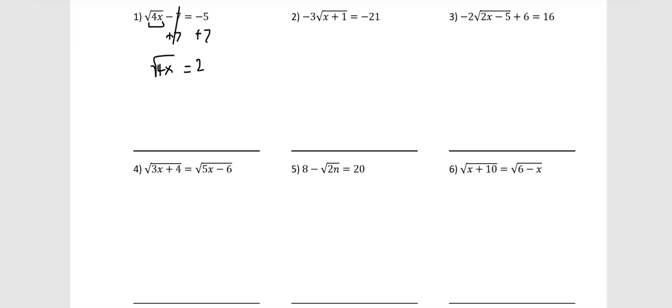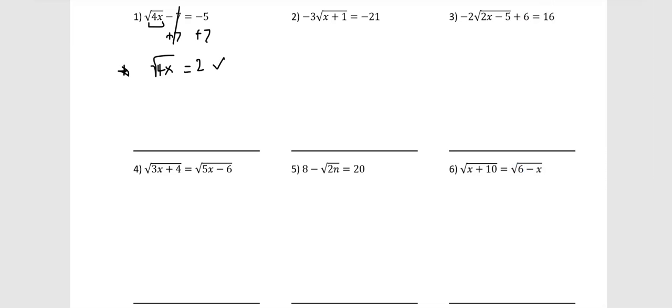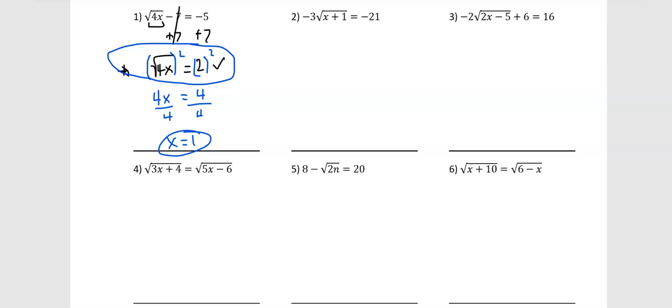This is where you check, okay, right here. And since that's positive, we can go on with our step of clearing out the radical. So this would be 4 equals 4x, and then solve for x. x equals 1. Okay, so right here is our check for the no solution.